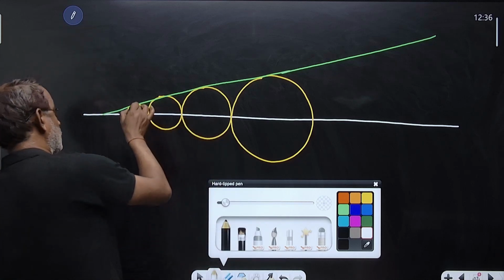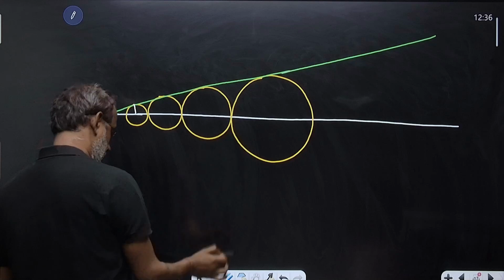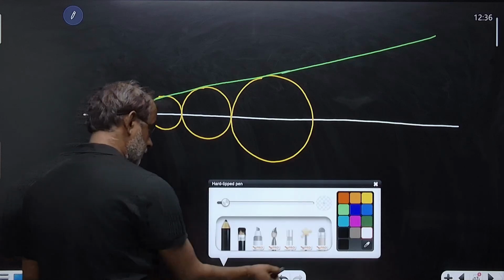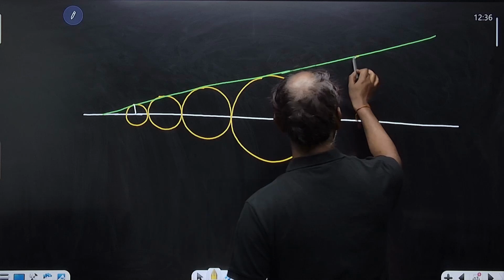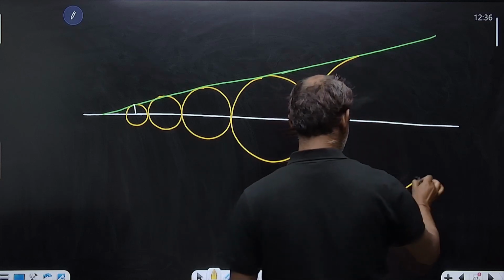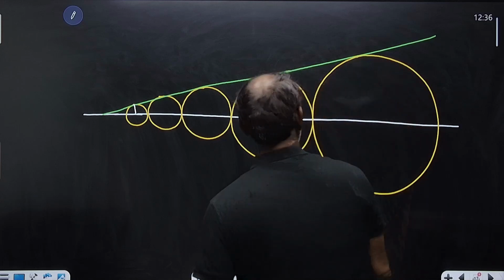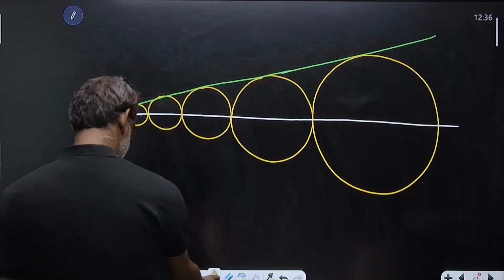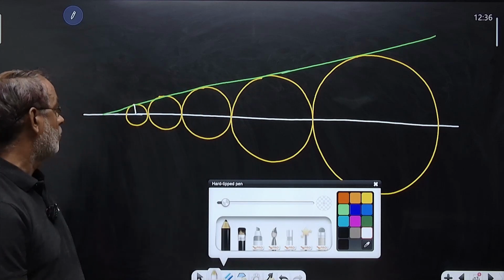Okay, you are given R1, 2, 3, 4. Let me draw one more. And we can keep on drawing. Now what to do?